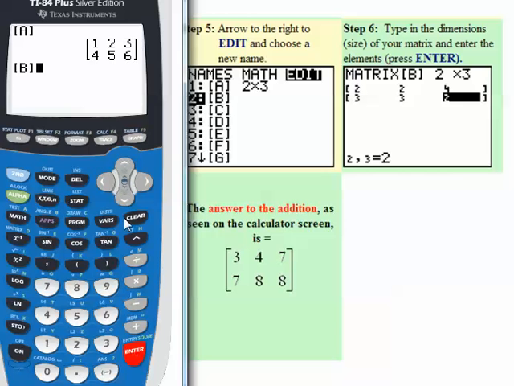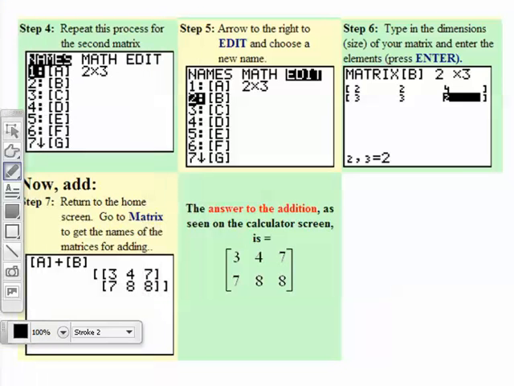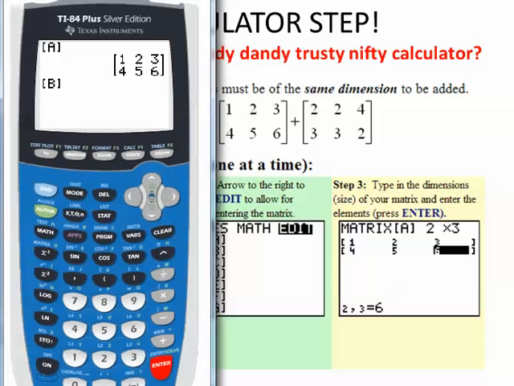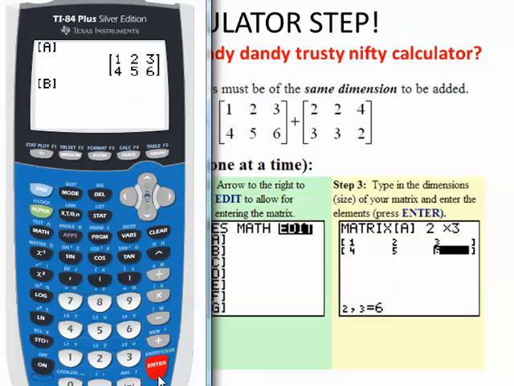Well, what do I have to do to enter that matrix B in? I need to go back to the other screen there first. Where was it? There it was. I got to get that second matrix in there. So I'm going to go over and enter that second matrix in.